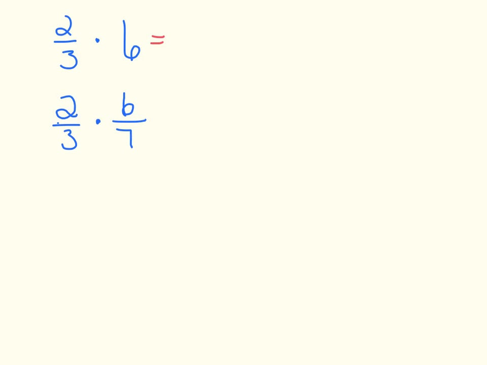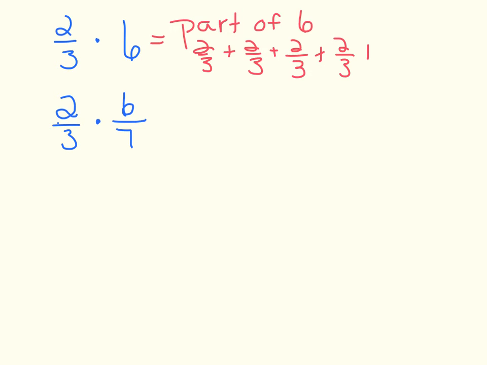That's because when we look at 2/3 times 6, that's saying 2/3 of 6. So we know we're finding part of 6. Well, part of 6 has to be less than 6. And 2/3 times 6, however, also means 2/3 plus 2/3 plus 2/3 plus 2/3 plus 2/3 and one more.